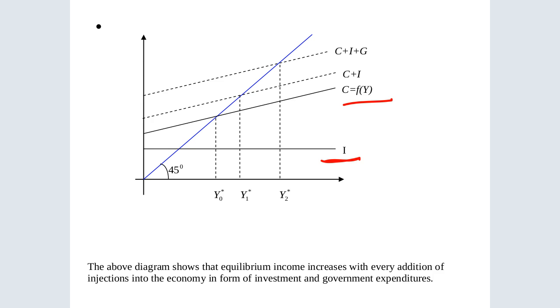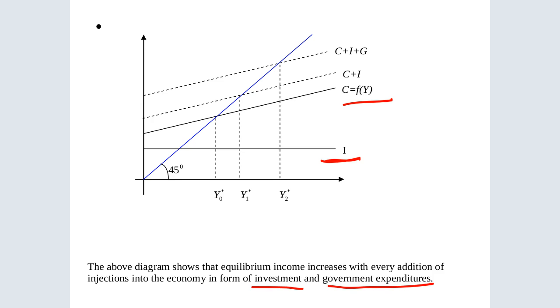And when you add the government expenditure, it will continue shifting upwards. So this diagram simply shows that equilibrium income increases with every addition of injections into the economy. The injections are in the form of investment and government expenditure.